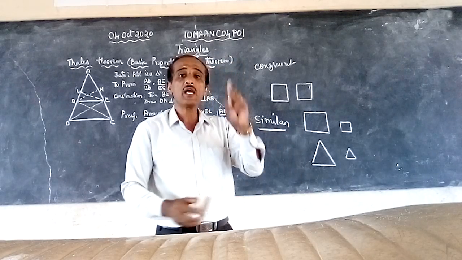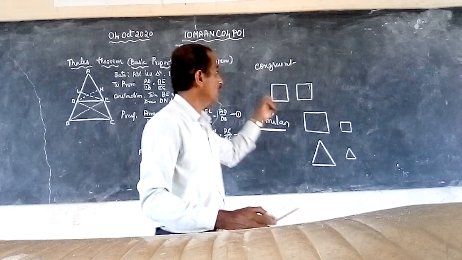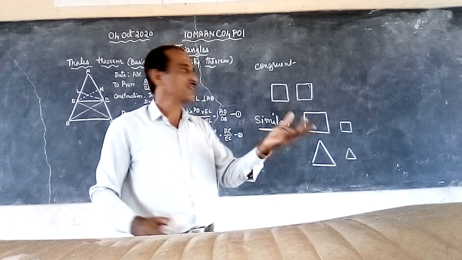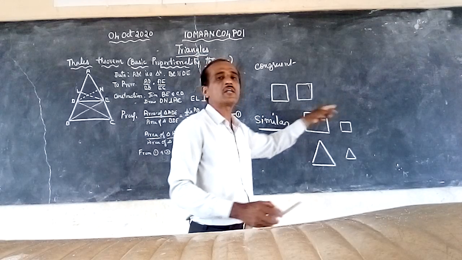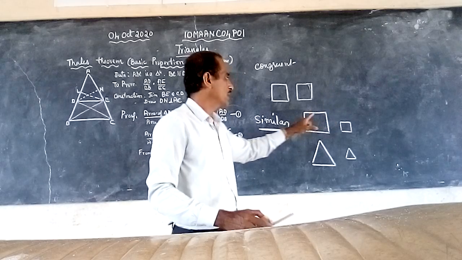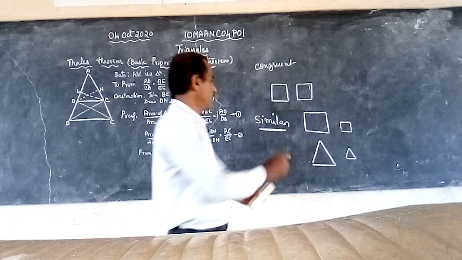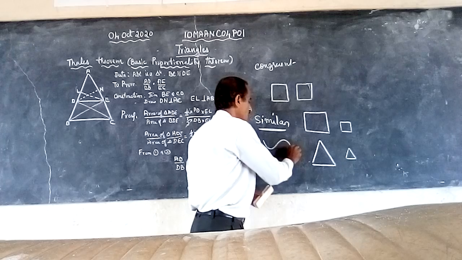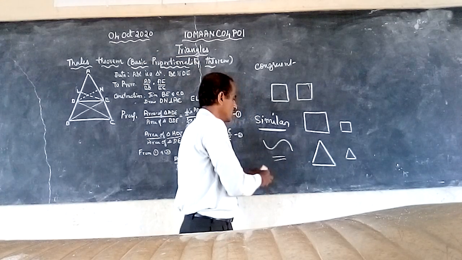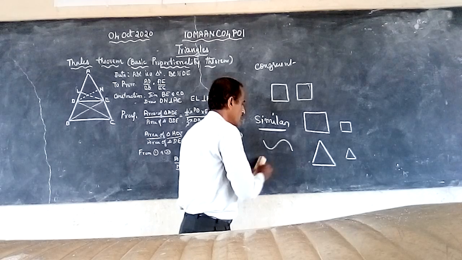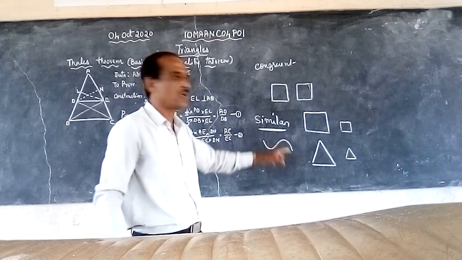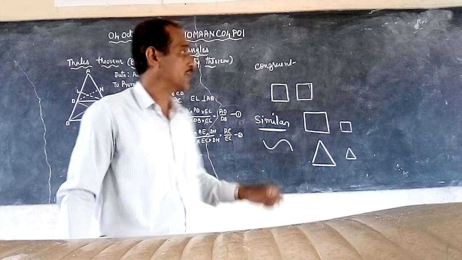If they have the same shape and same size, they are congruent figures. If two figures have the same shape, but not necessarily the same size, such figures are called similar figures, and that is represented by the symbol similar. You can draw two lines like this, or it is enough if you draw this symbol. This symbol shows the similarity of two figures.